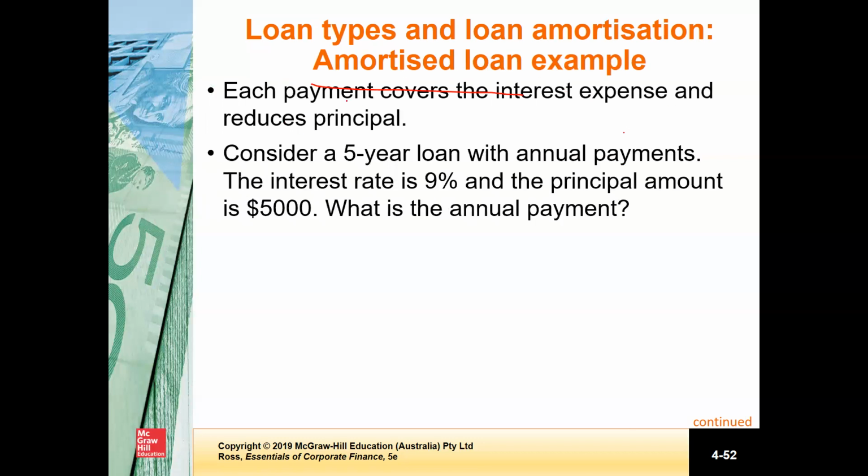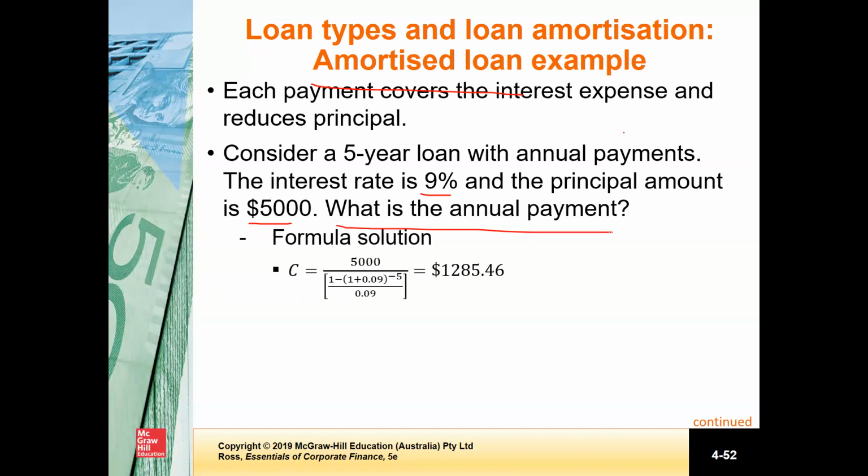So look at this example. Consider a 5-year loan with annual payments. The interest rate is 9% and the principal amount is $5,000. So what is the annual payment? This is essentially the annuity problem. The principal amount is 5,000, and 9% is the interest rate.